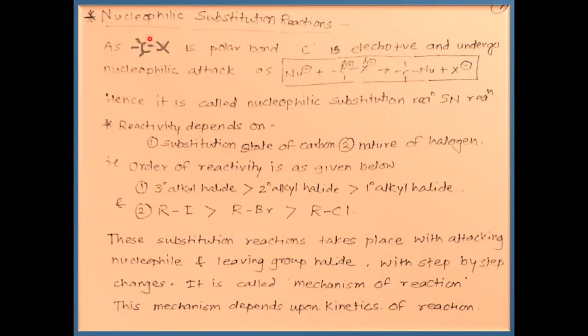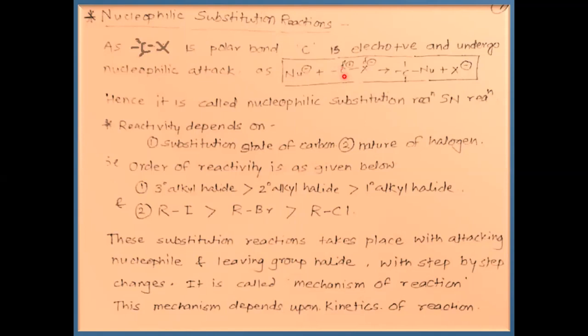X is more electronegative than carbon, so the electronegativity of carbon is less. So the attacking nucleophile, represented as Nu minus, will attack this electropositive carbon.